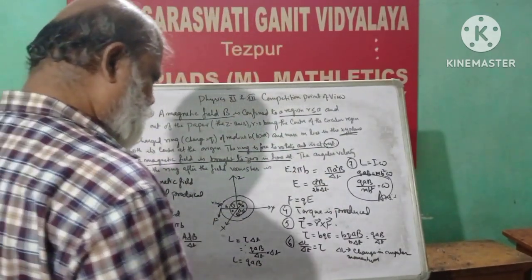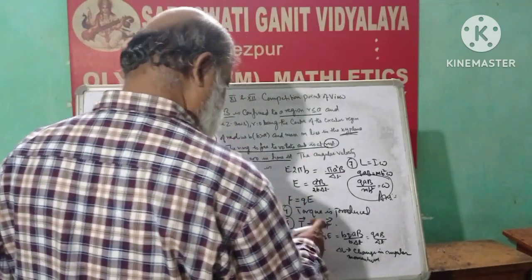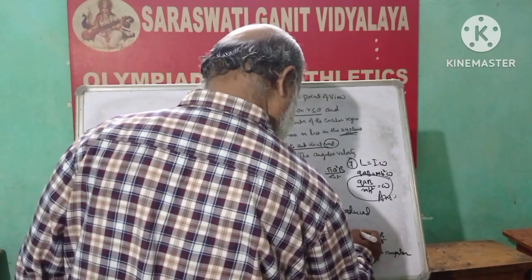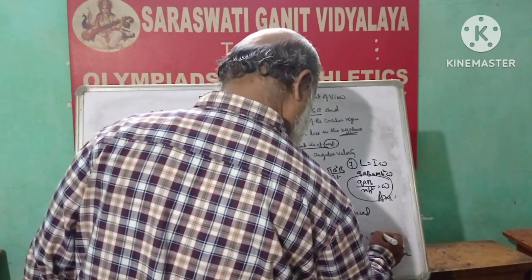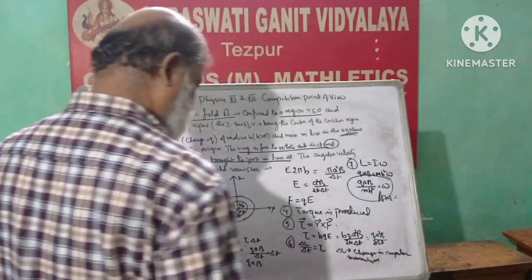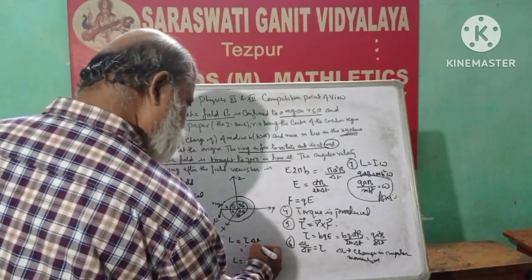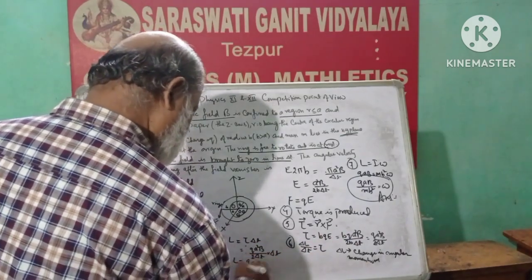So now again let me check here. This will be b a square and 2b. So this is a square by 2. So again here will be 2 a square, torque by 2.